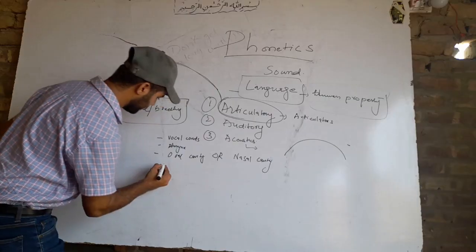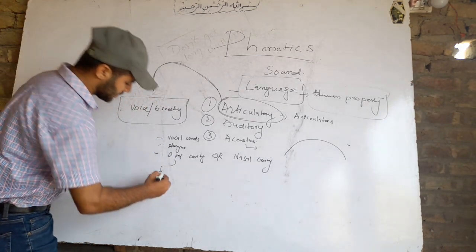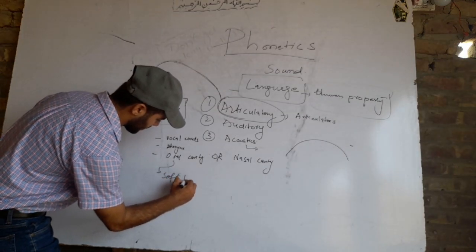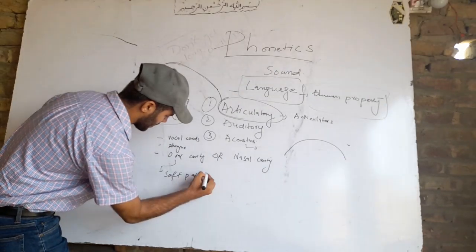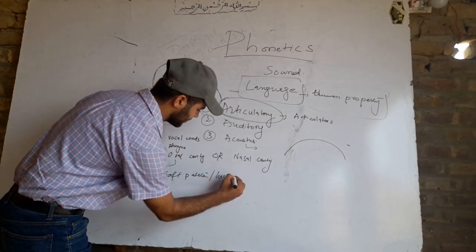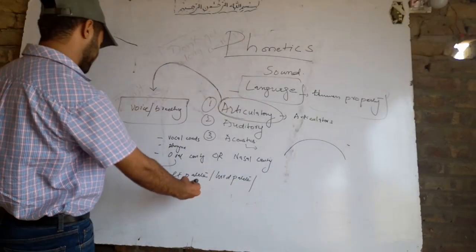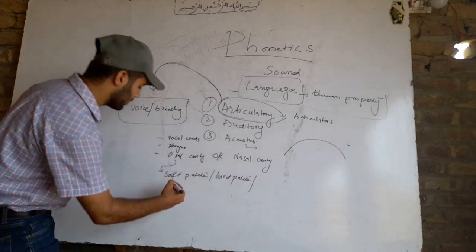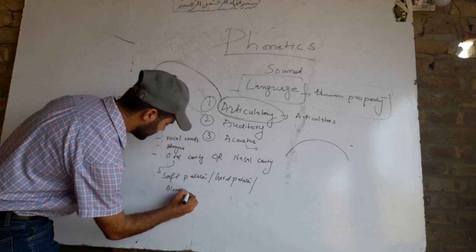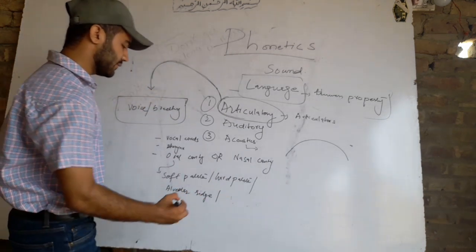Now, in the oral cavity, we have articulators like the soft palate, the hard palate, then the alveolar ridge, and after the alveolar ridge, we have teeth.